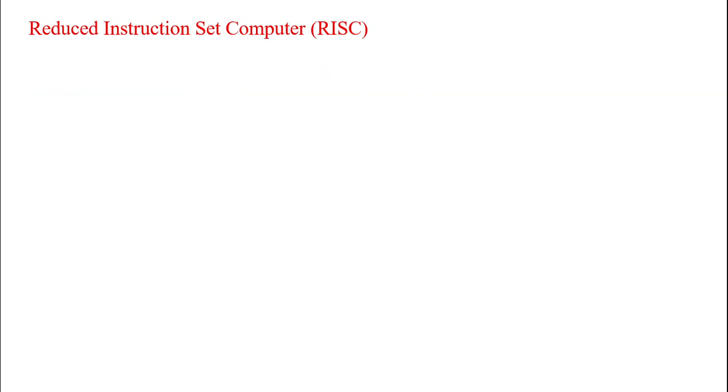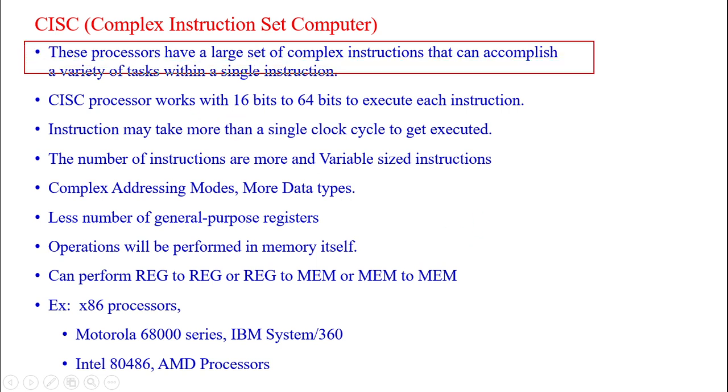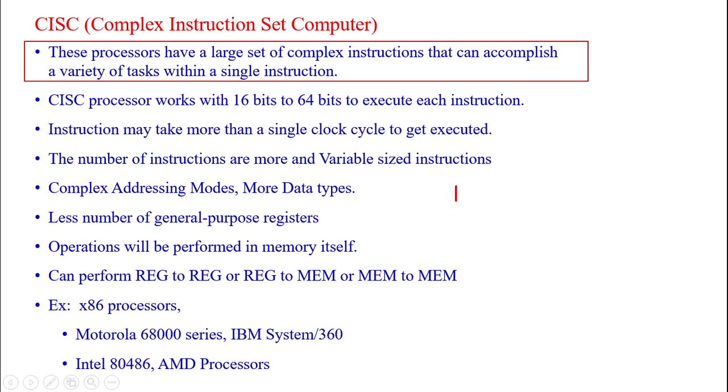CISC, you already know the definition, stands for complex instruction set computer. The name itself says that it's a complex instruction set. So here I'll explain a use case: DJNZ R0, loop 2. What is the meaning of this DJNZ? In this instruction there are two meanings.